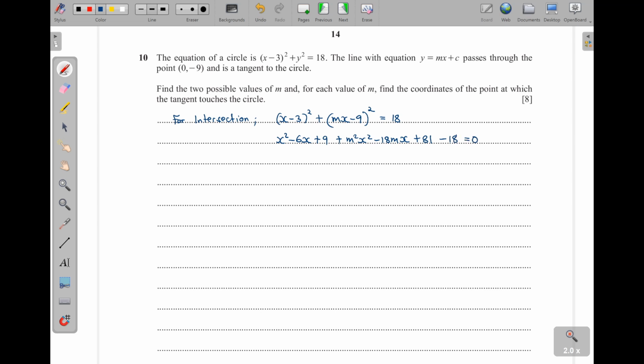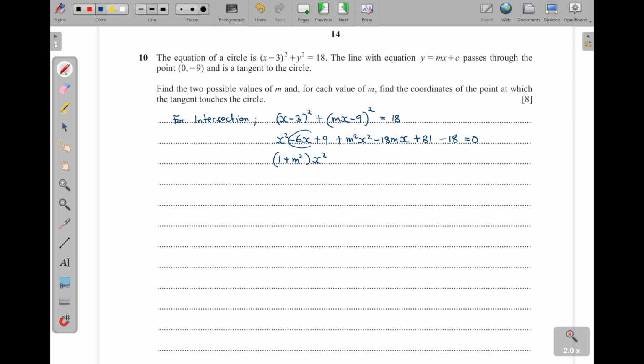So the quadratic equation that comes from here, for the solutions of those points of intersection, is this one here. The coefficient of x squared here is 1, and then here it is m squared. So by factorizing out the x squared, we shall have (1 plus m squared) x squared.